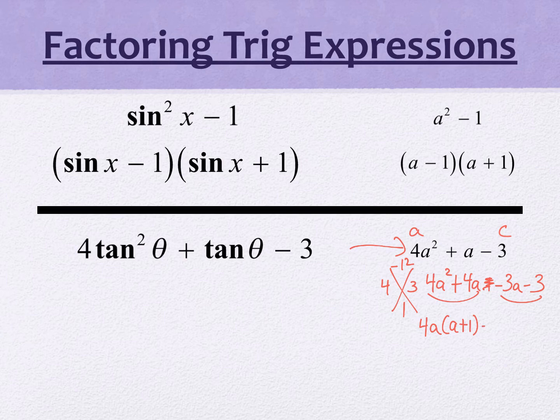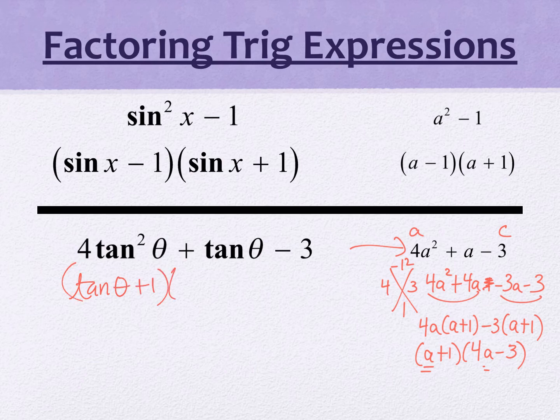I'm going to factor out a -3 to leave behind an a plus 1. My parentheses are the same, so I'm going to factor those out. And the other parenthesis is 4a minus 3. So now wherever I have the a, I'm just going to put in tangent. So tangent of theta plus 1 and 4 tangent of theta minus 3. You don't need to do this whole right-hand side. Maybe you can do factoring the quadratic with tangent.